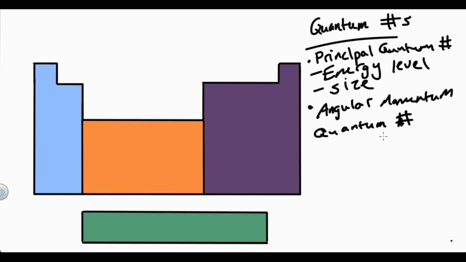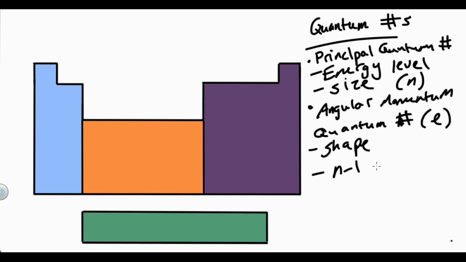This is going to be N, and this is going to be the cursive L. That determines the shape, and there are only so many possible angular momentum quantum numbers because it's going to go up to N minus 1.